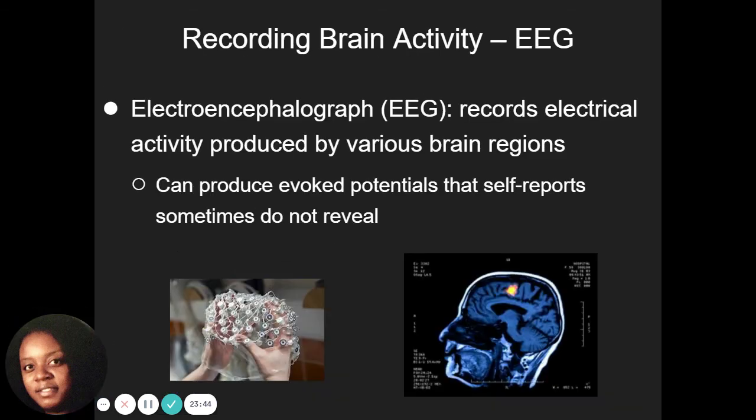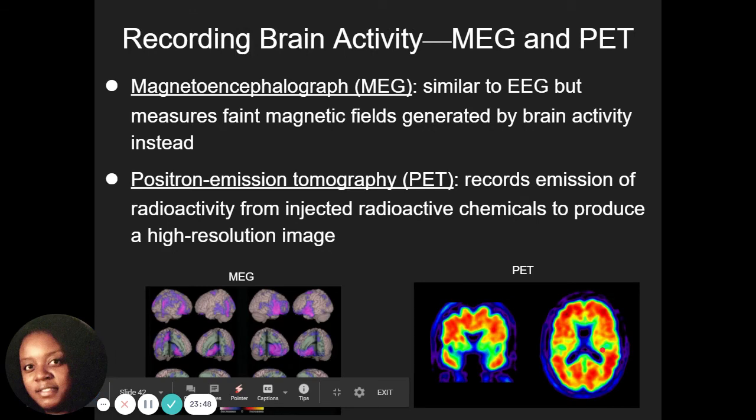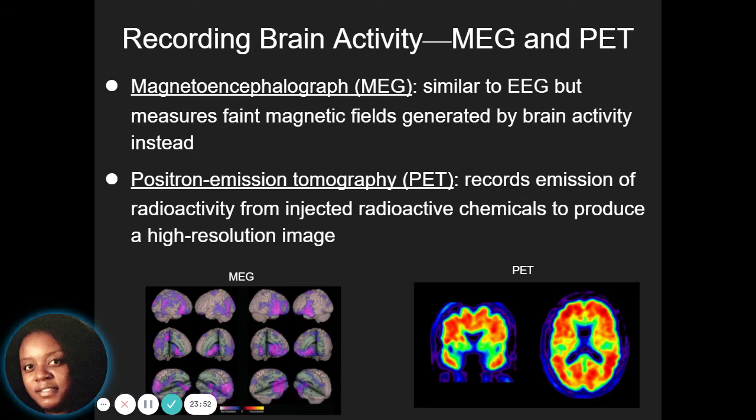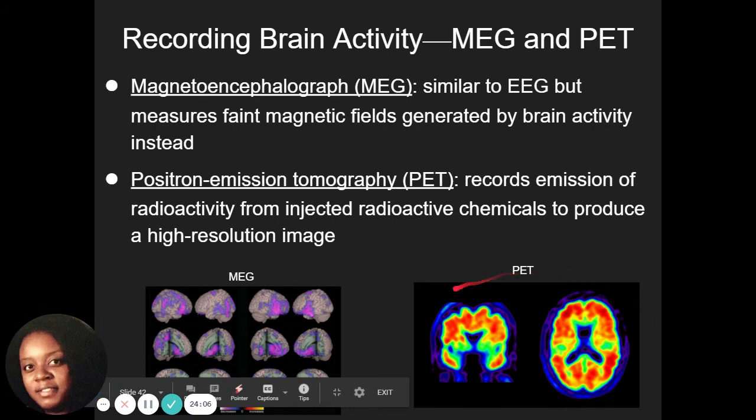Whereas if we look back, the EEG is telling us just a little bit more. A PET scan has to do with injecting a radioactive chemical into the person whose brain you need to look at so that you can see a high resolution image such as this one, so that you can measure the blood activity in the brain.